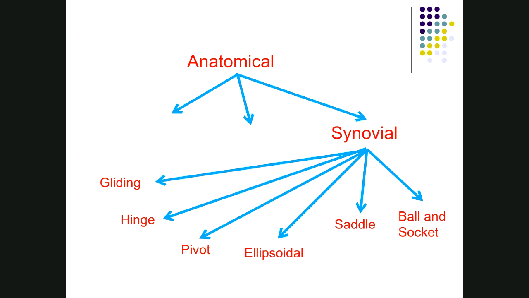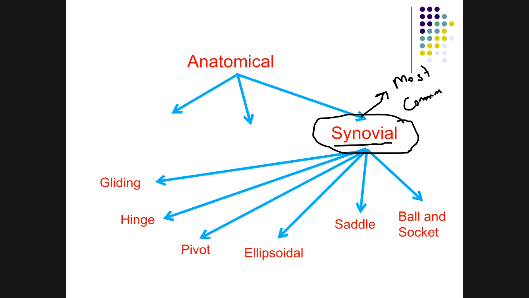Okay, well, the only joints we have left are synovial joints. Synovial joints are the most common type of joint in the body. In fact, if I were to ask you to name some joints, most of you would have named these types of joints. This is joints like at the shoulder, the hip, the elbow, the ankle, the fingers, all of those are synovial joints.